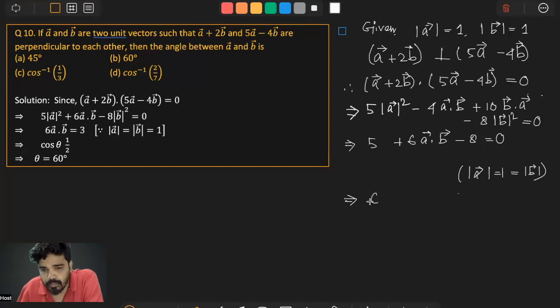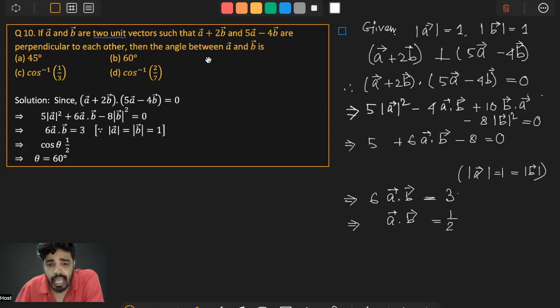So this implies 6 A dot B, that is 8 minus 5, that is 3. So what do we get? A dot B is 1 by 2.